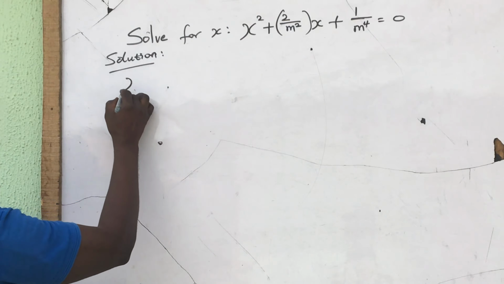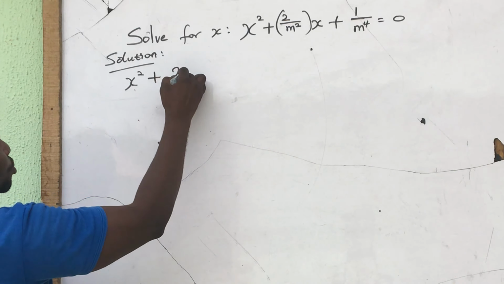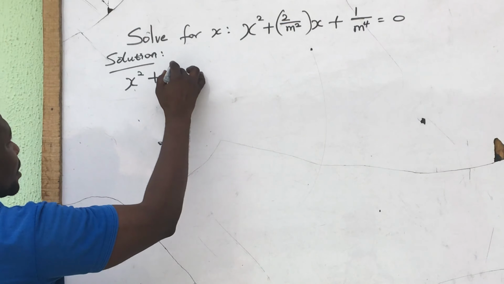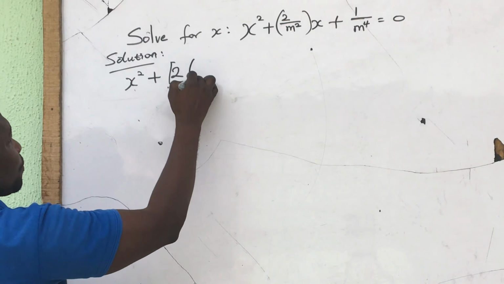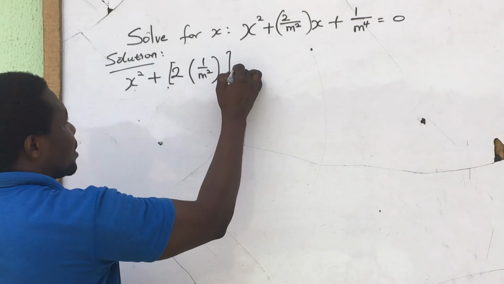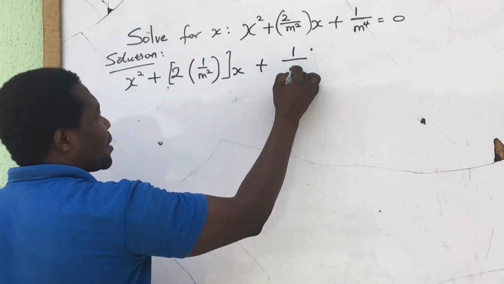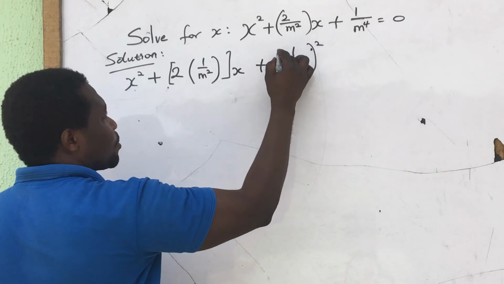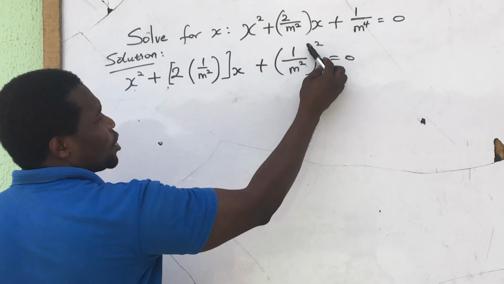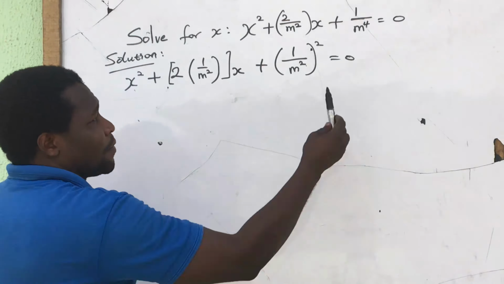That's x squared plus 2 into 1 over m squared x plus 1 over m squared raised to power 2 equal to 0, because 1 raised to power 2 is 1, while m squared raised to power 2 is m raised to power 4.